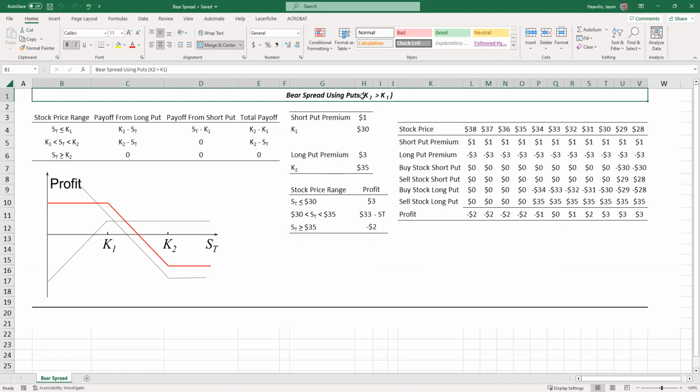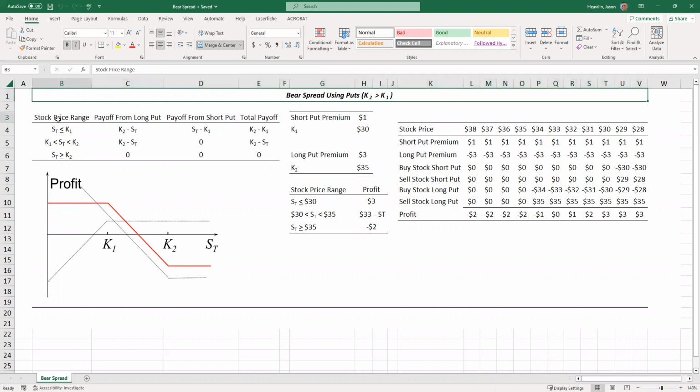For this to work, it's important to note that the strike price of K2, the long put premium, has to be greater than the strike price of the short put premium that you'll use for this strategy. So in this case, 35 greater than 30. So we meet the criteria of K2 greater than K1.